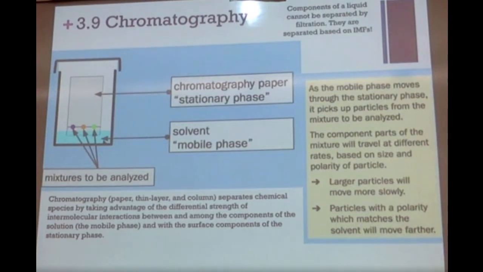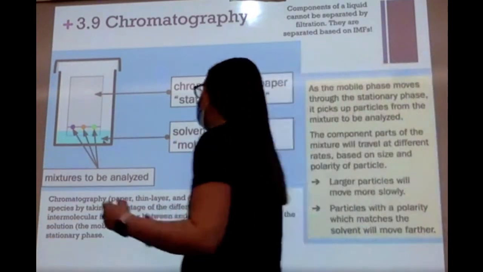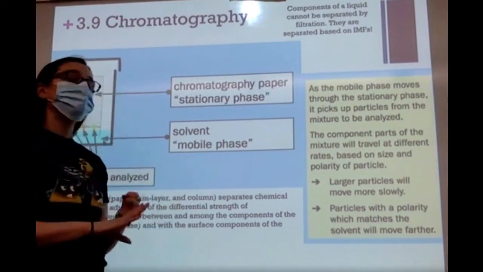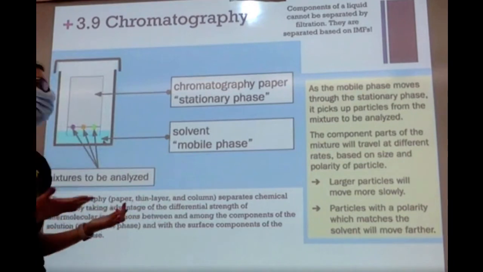As the mobile phase moves up, so as the solvent moves up the paper, it picks up the samples. So in this case, if it's water, it moves up the paper, it picks up the samples, and the samples will move a certain distance based on one of two things: the size of the particles and the intermolecular forces, so the polarity.